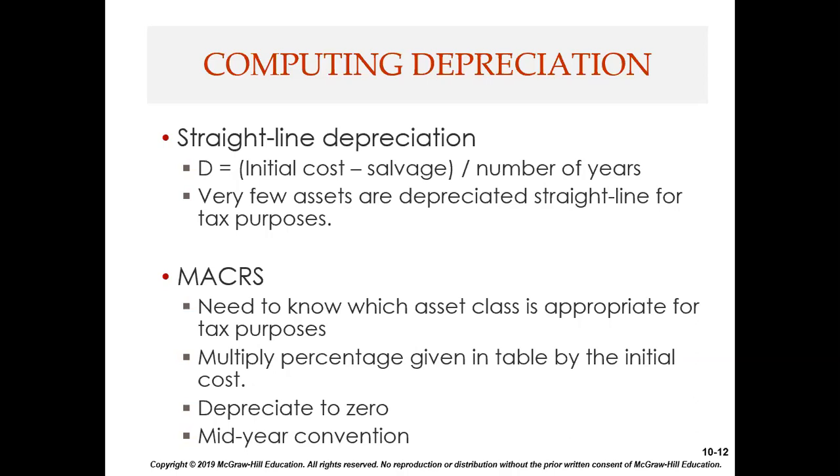And here are the basic rules, at the top of page 323. This is what you need to know for our purposes. If the asset you're trying to determine tax depreciation on is equipment, it has a 3-year life.